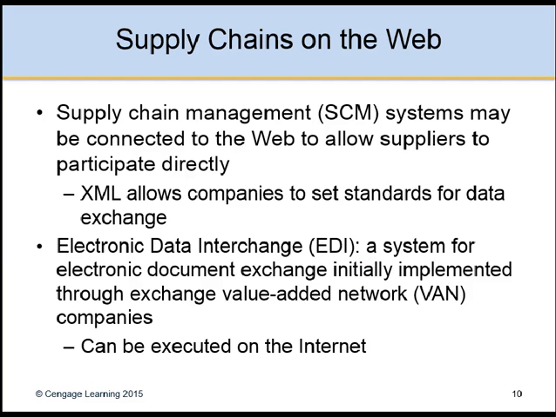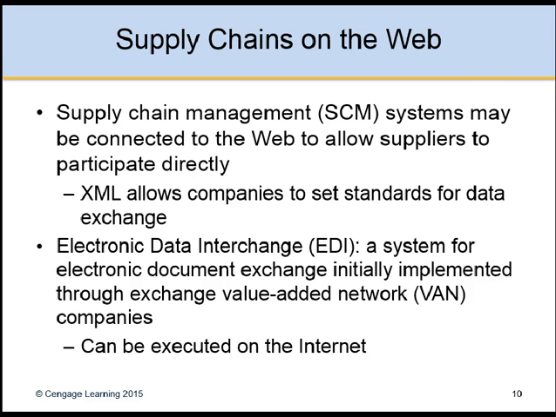And as we've discussed, supply chain management systems are now connected to the web, and they use XML to allow companies to set standards and programs to exchange information with other programs that enables this automated supply chain management.